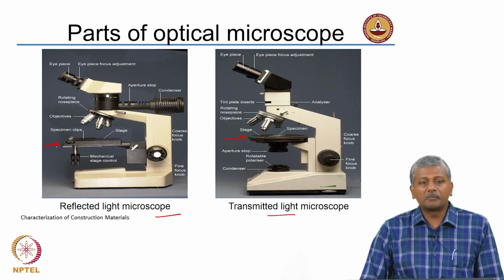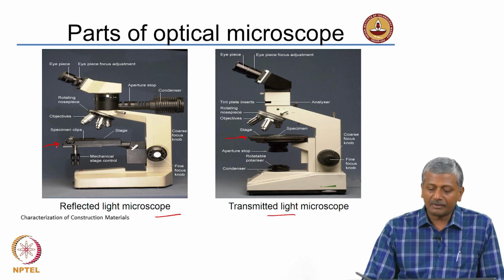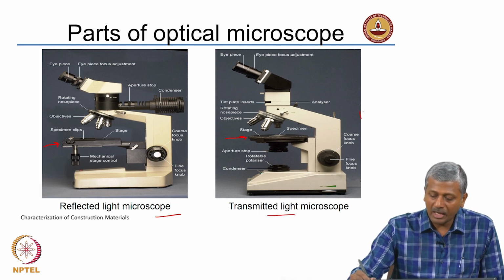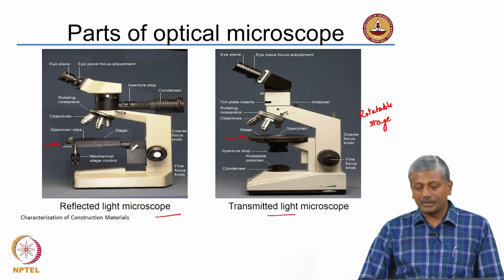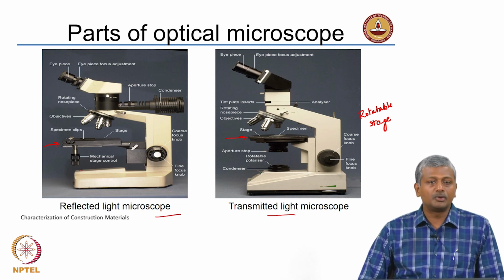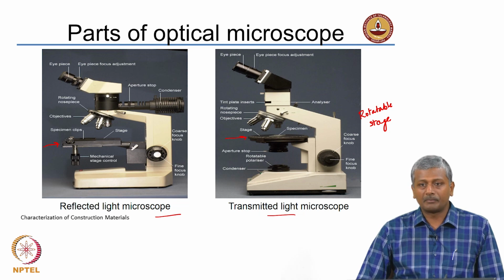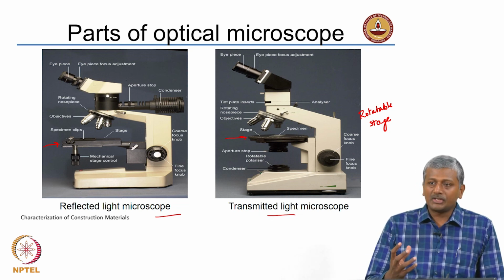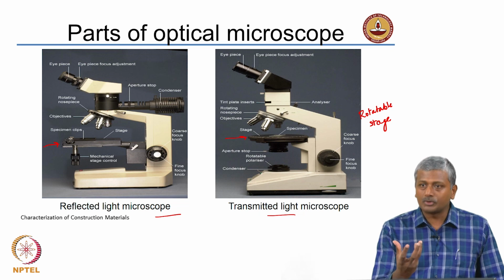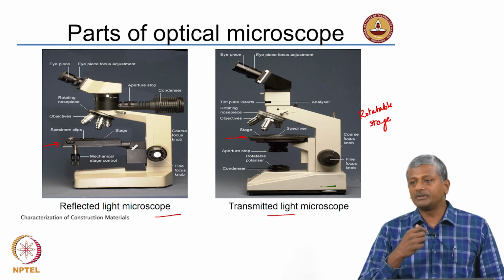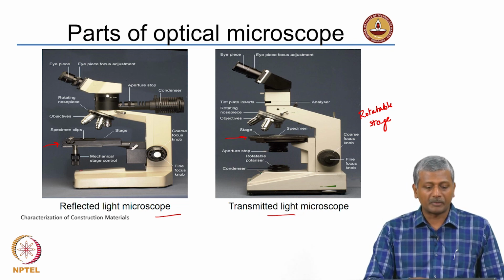One principal difference that you will see is that in the reflected light microscope you have a rotatable stage, and that is there for a reason, because in a transmitted light microscope the rotatable stage is provided to ensure that you are able to do polarized light microscopy, because the extinction of the light that passes through the specimen happens at different angles, okay, for different types of minerals. So, because of that you should be able to rotate the stage to observe the features much more clearly in the case of transmitted light microscopy.